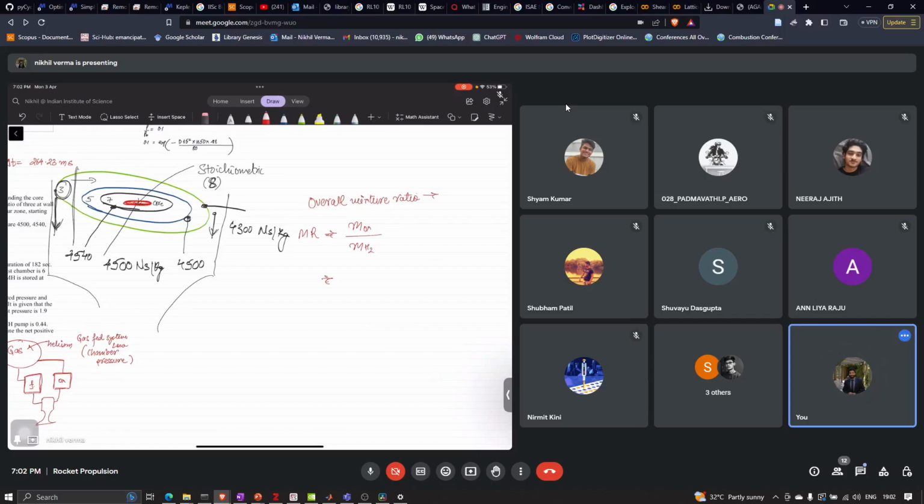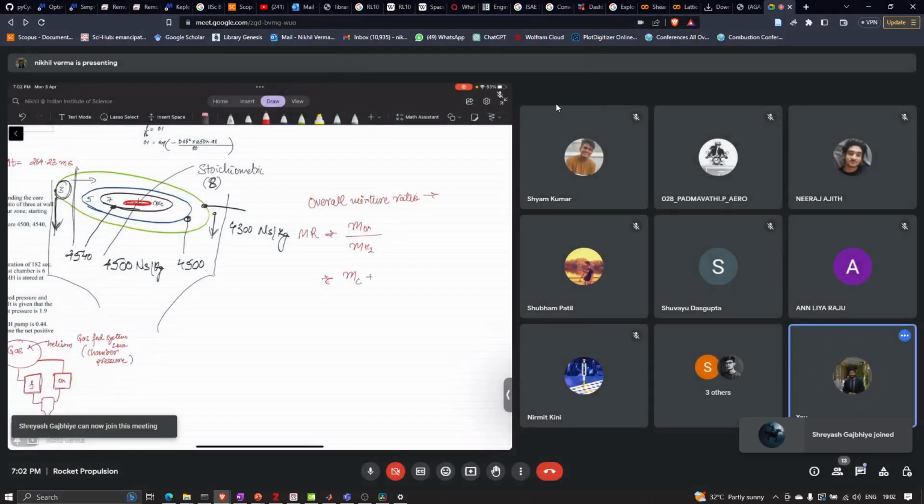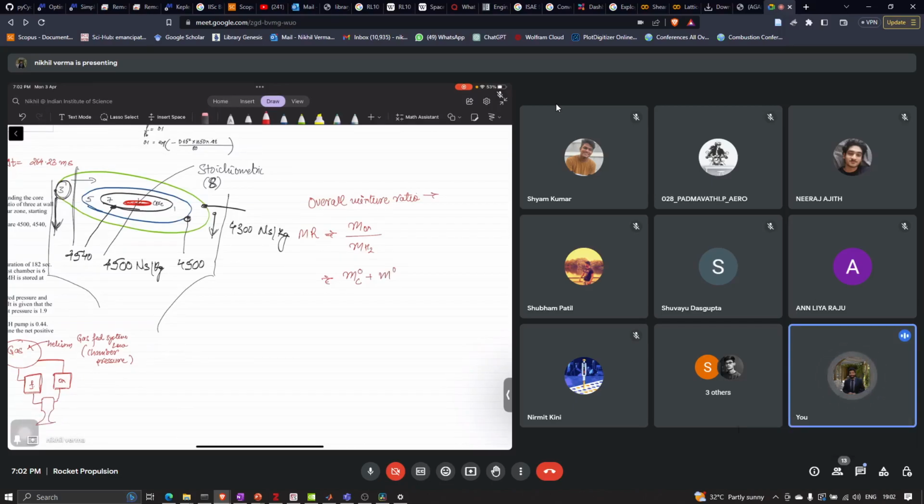Let us number the zones 1, 2 and 3. It is the mass of the oxidizer from the core stream, plus the mass of the oxidizer from 2, plus the mass of the oxidizer from 3. Similarly, the mass of the hydrogen from the core, plus the hydrogen from 2, plus from 3, plus from 4, right?